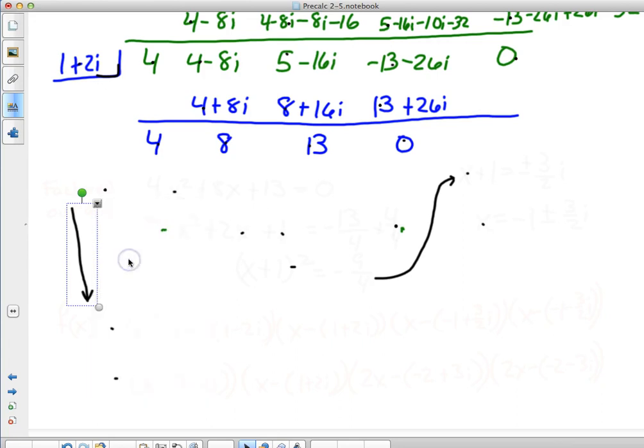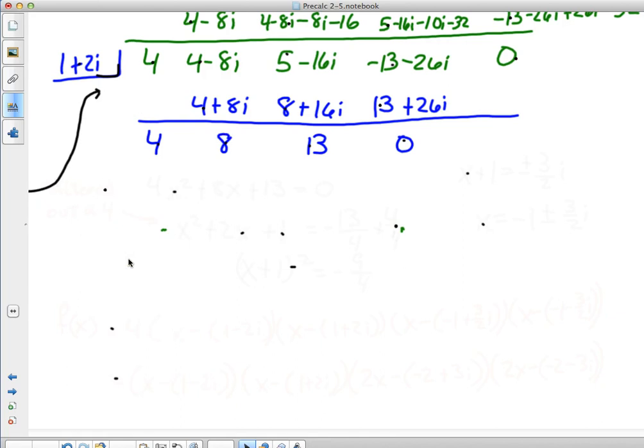I got 4x squared plus 8x plus 13, and that equals 0, because what's my goal here? I'm going to find my zeros. Now, I'm going to divide by 4, because I need to get my leading coefficient to be 1 when I'm completing the square.